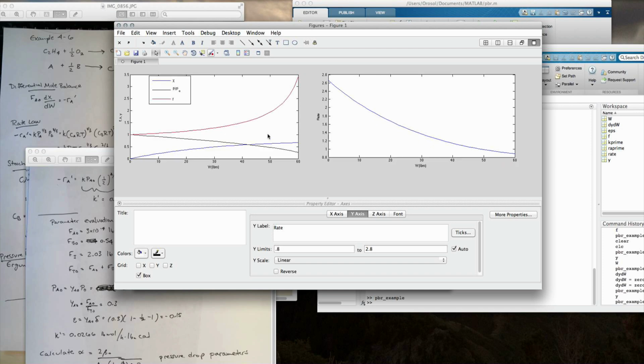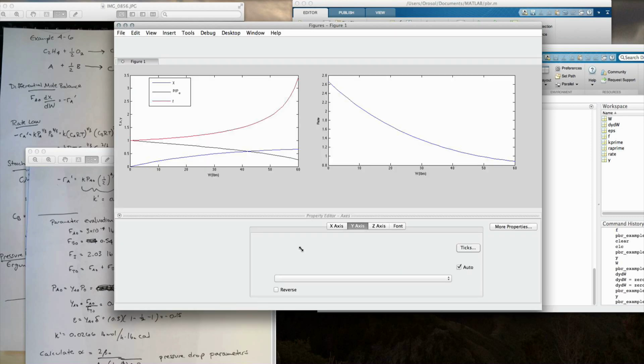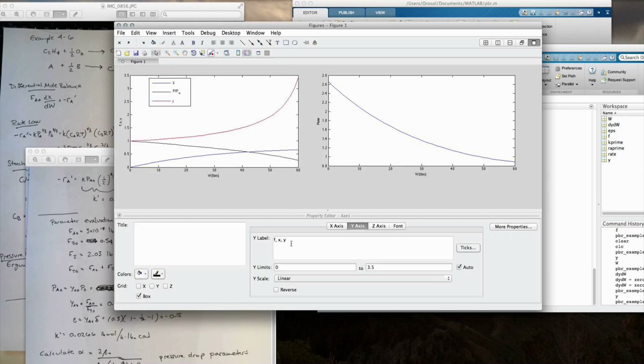Well, I'll go to this one first. Then I can change the labels here, so FXY. I can change the x-axis, and this is where you can put in the LaTeX code.